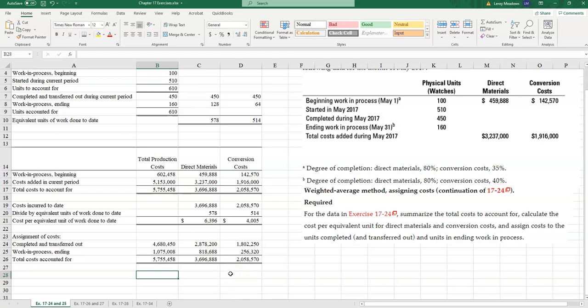So this is exercise 17-24 and 25. This is the weighted average method for process costing. So we really did this really quick, but the information was right there. It was very simple to work through. So this was a good exercise to really watch. And if you need to, go back over, watch the videos.